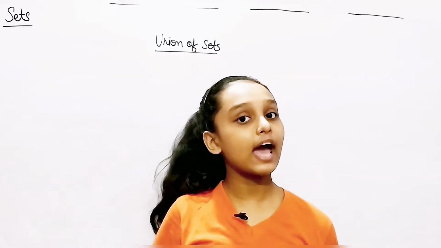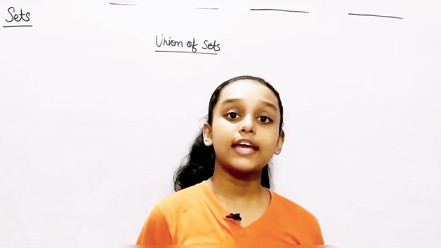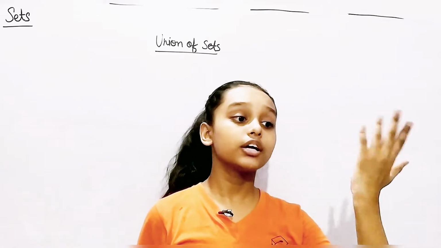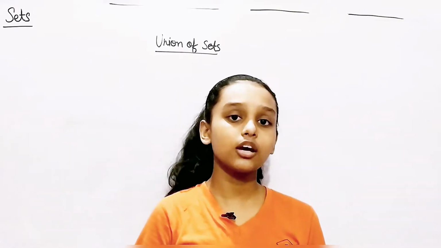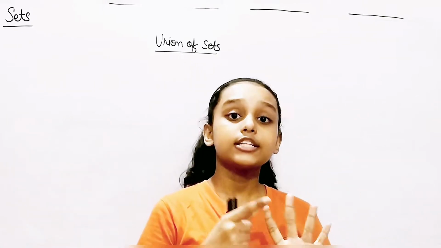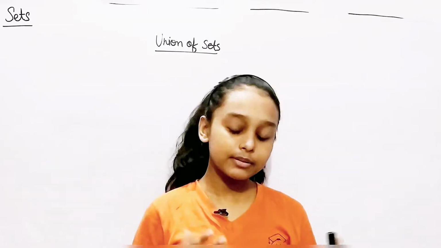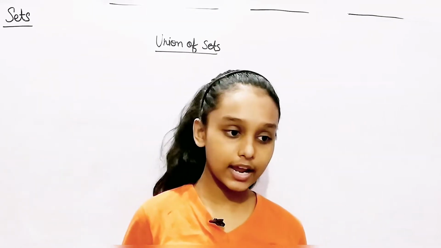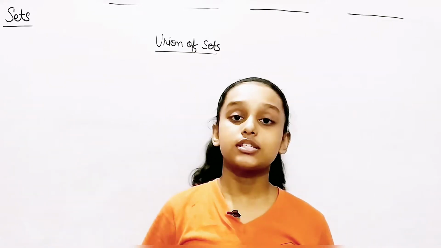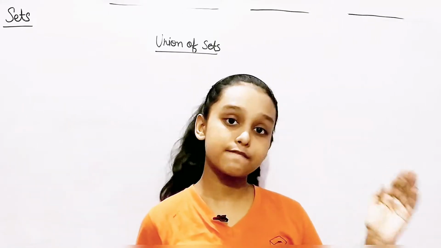And in set B, let me change it a little bit, I'm going to say elements 2, 3, 4. So in set A we have 1, 2, 3, and in set B we have 2, 3, 4.